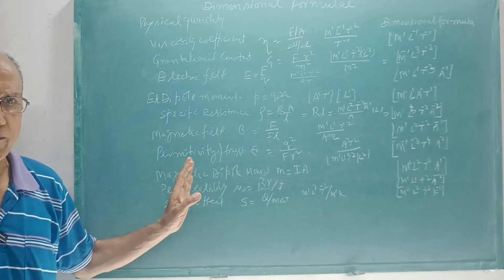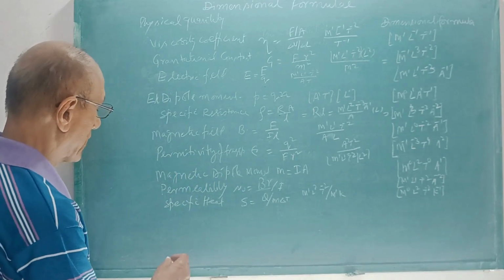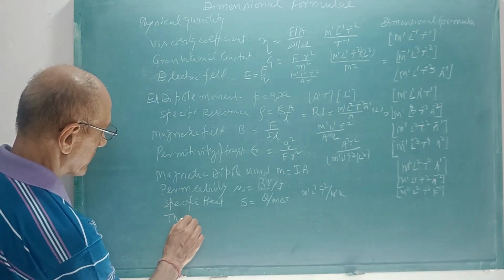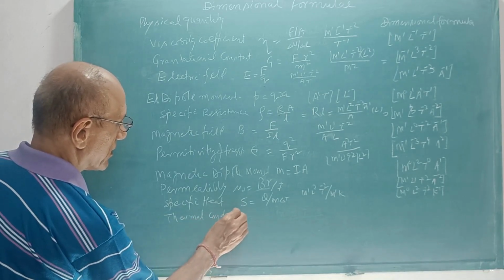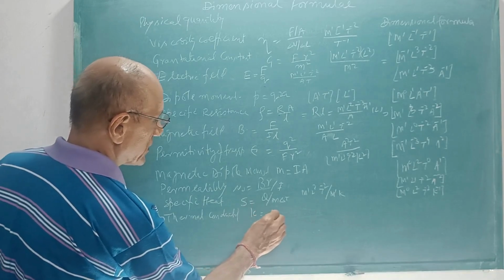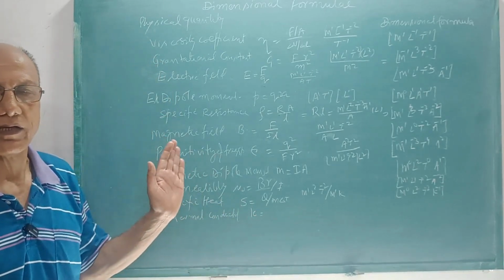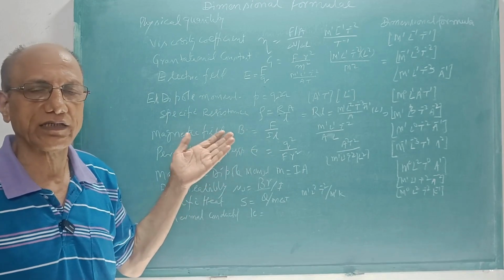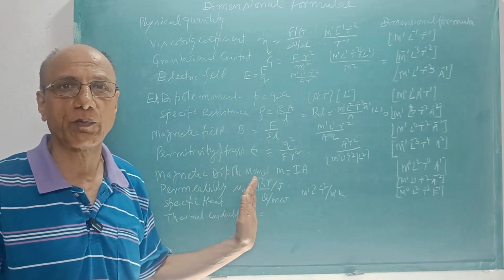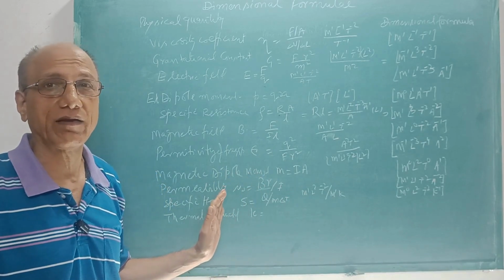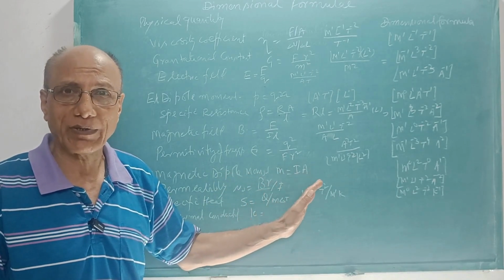Now you can get the thermal conductivity. K is thermal conductivity. The rate of flow of heat is proportional to the area of cross section, inversely proportional to the length, and directly proportional to the temperature difference.